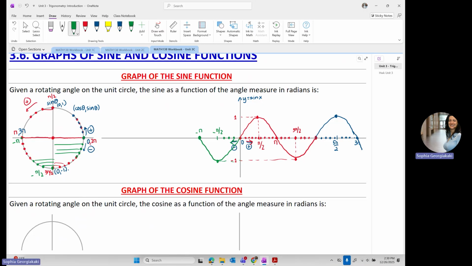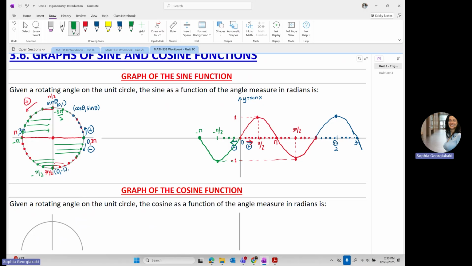And then after negative pi, I will keep going in the negative direction, which is clockwise. My sine will become positive. When I hit here -3 pi over 2 rotation, I will be at 1.